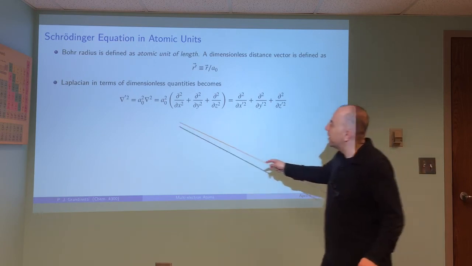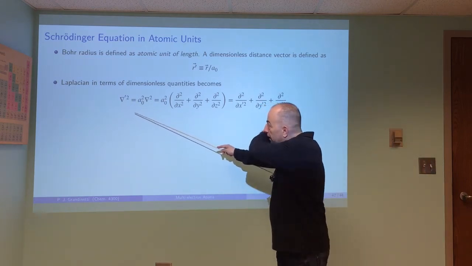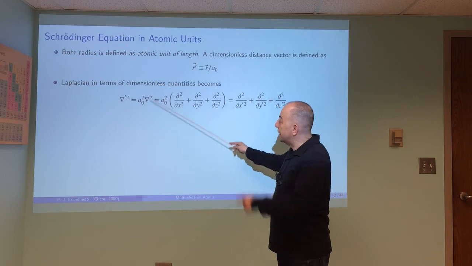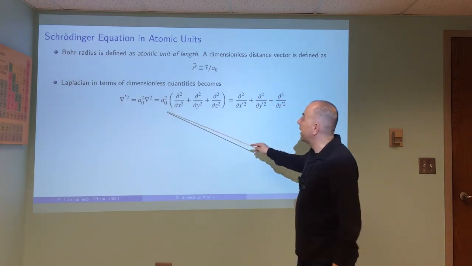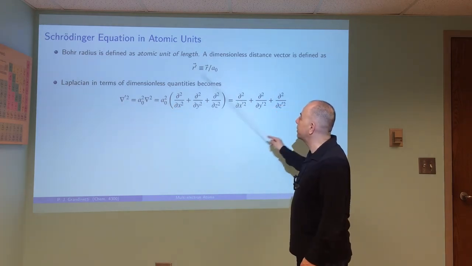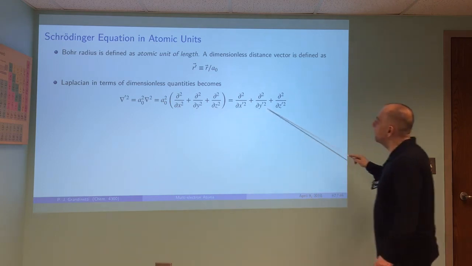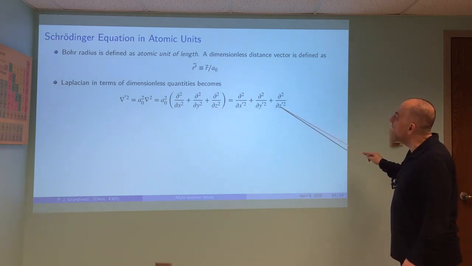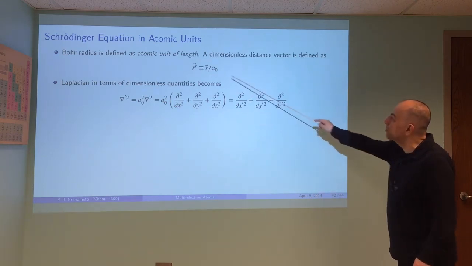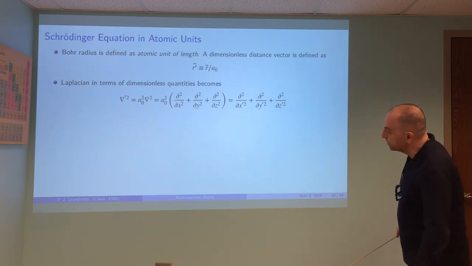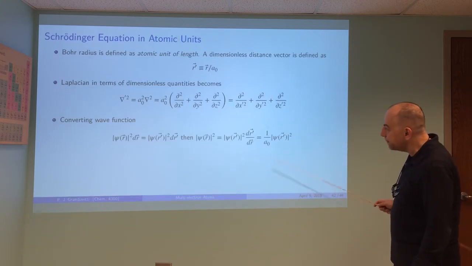So if I go back to the Laplacian and I convert it into these units, in other words, if I do that multiplication or division here, then the Laplacian ends up being converted into this, where now x, y, and z are also dimensionless quantities. Okay, you should check this.